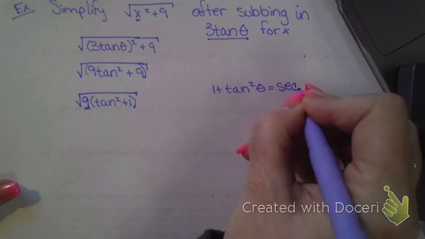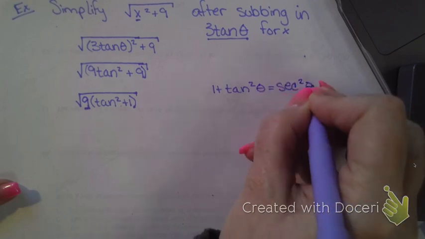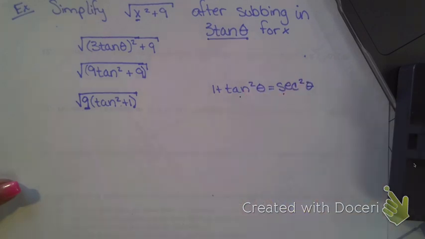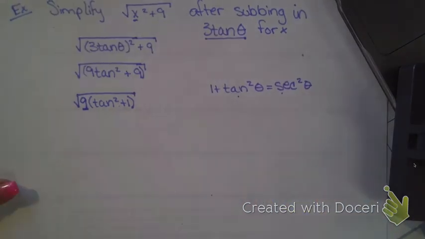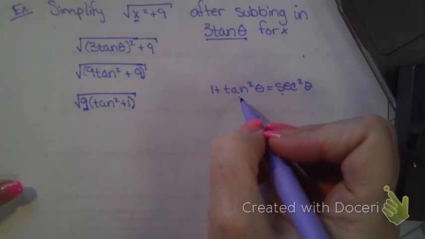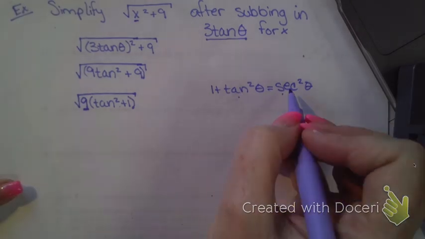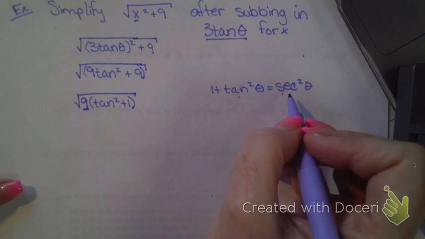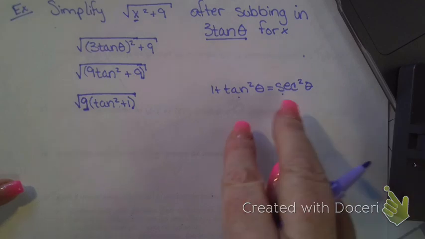Now, how can I remember that secant and tangent go together? Remember, we're dividing by what variable in the denominator of tangent? X. What variable's in the denominator of secant? X. Or cosine, yes? So that's why they're paired.